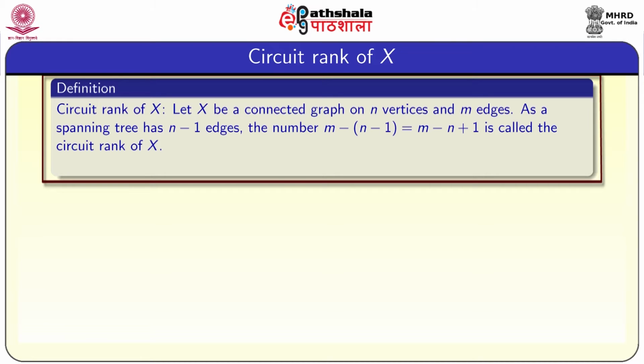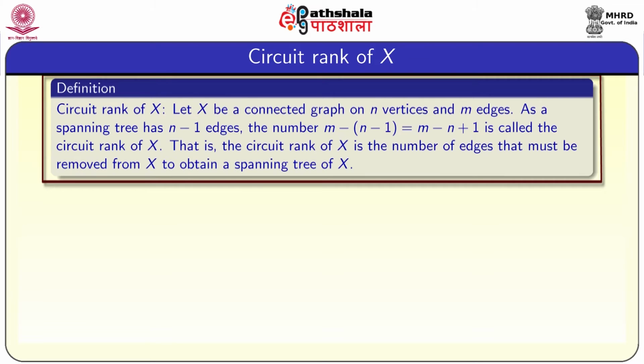The remaining m minus n plus 1 edges is called the circuit rank of X, that is, the excess of edges in X over n minus 1. That is, the circuit rank of X is the number of edges that must be removed from the graph X to obtain a spanning tree of X.